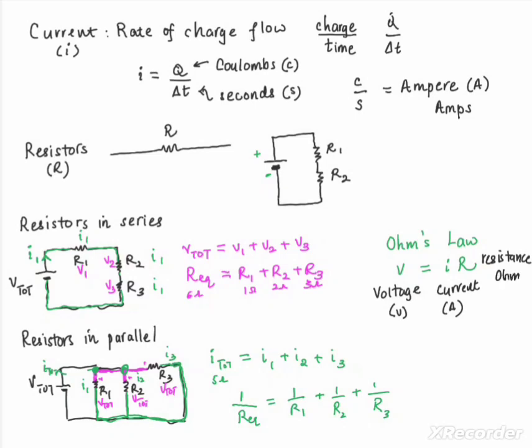It has the Greek letter omega. So the unit of resistance is ohms.